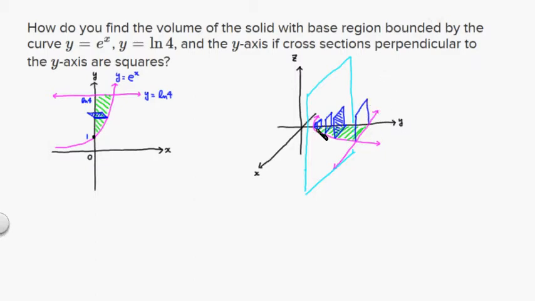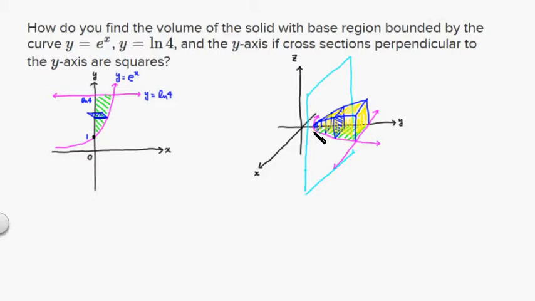If you combine all of those together, you're gonna have a solid looking somewhat like that. So maybe I'll color this. This is the solid we're looking at. Not the greatest picture, but hopefully you can see that. So we want to find the volume of that solid.